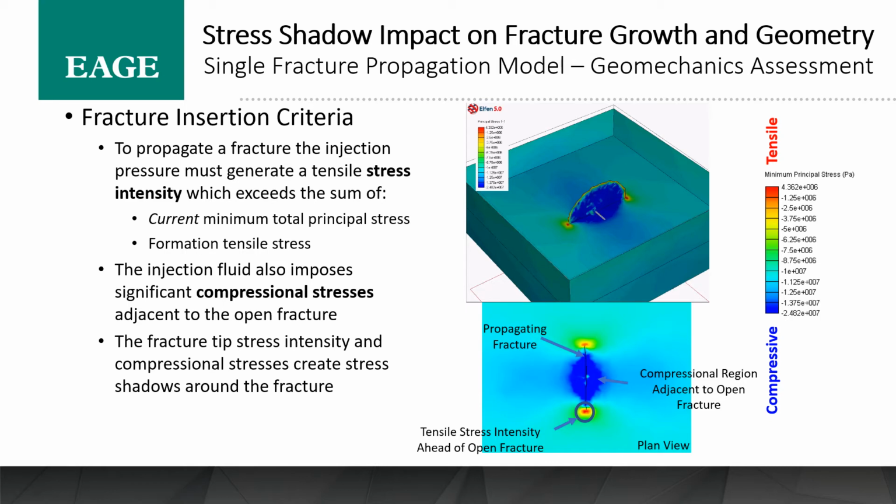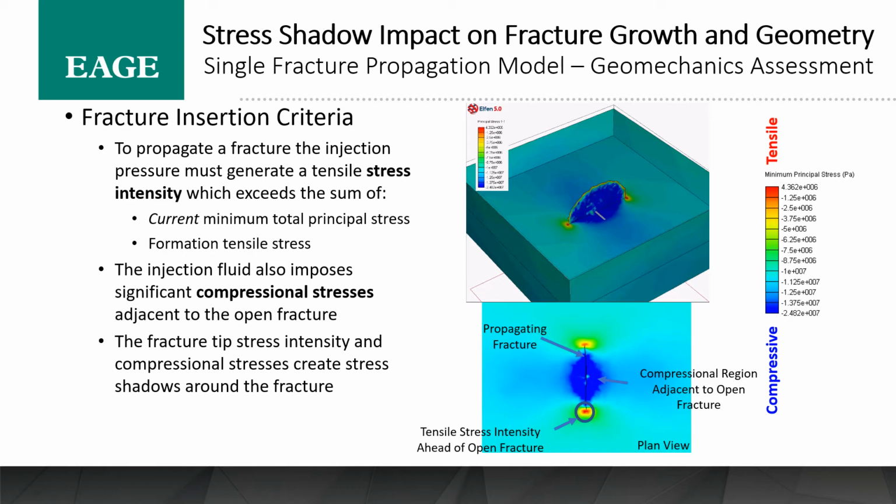It overcomes the minimum total principal stress in terms of pore pressure and the formation matrix stress, and this tensile stress as well. What it does is generate a lot of compressive stresses in areas where the fracture has already propagated. So you can see in the plot here on the bottom right hand side, you can see compressive regions, the cold colors, the blue colors.